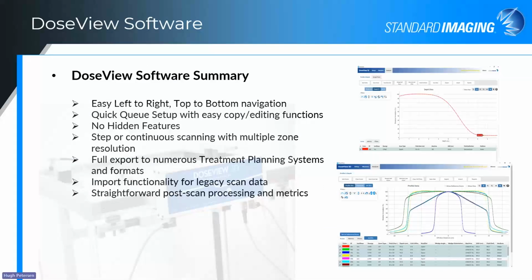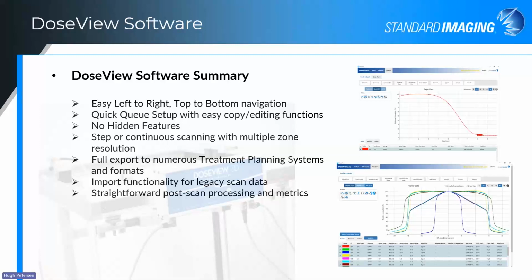One last thing to jump through, again, the DoseView software: easy left to right, top to bottom navigation, very quick scan queue setup, and easy copy and editing functions. So you're doing your 10 by 10, your 20 by 20, your 30 by 30, 40 by 40. That can all quickly be edited and copied accordingly. So you don't have to start from scratch every time, which is a nice time saver as well.